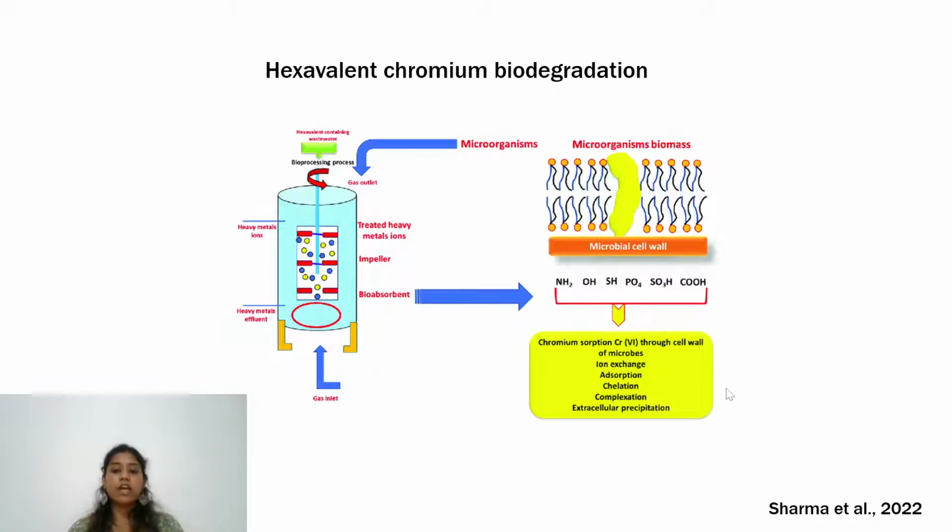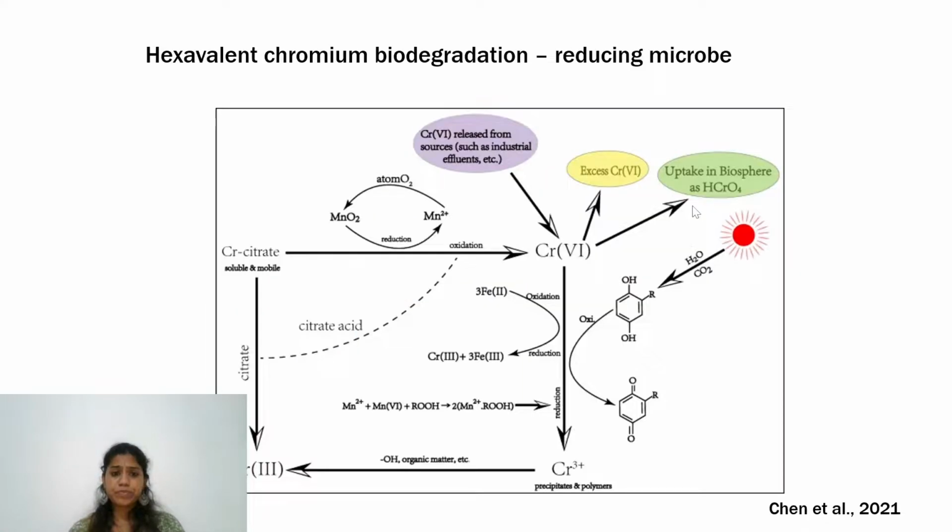And these are all the different processes that happen inside the microbe: ion exchange, adsorption. The chromium is adsorbed into the surface of the microorganism. Chelation, where the metal ion is chelated for complexation and then further precipitation. So these are all different chemical processes that happen for the degradation of chromium inside the microbial cell wall.